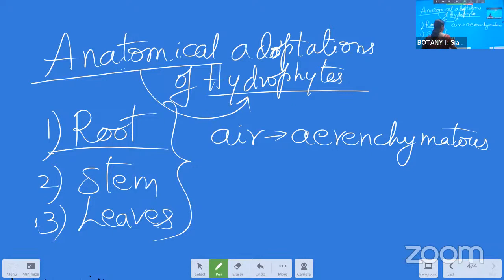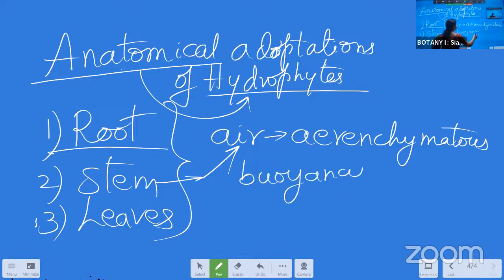And the next one is in some plants root system is absent and we don't bother for this. The next one is the root caps. Root caps also come in the morphological adaptations, so we need not write anything here. Now comes the stem. Stem also has air in it, which helps in buoyancy.